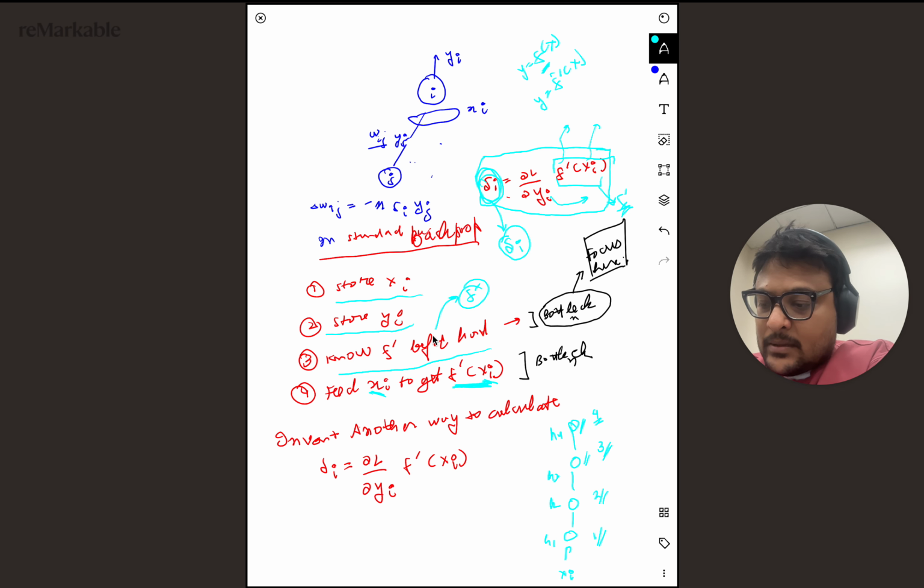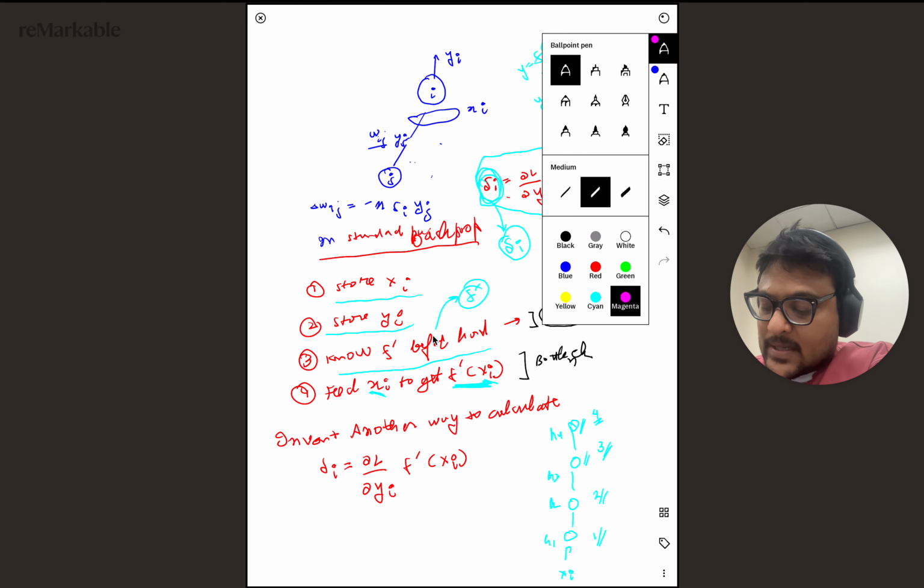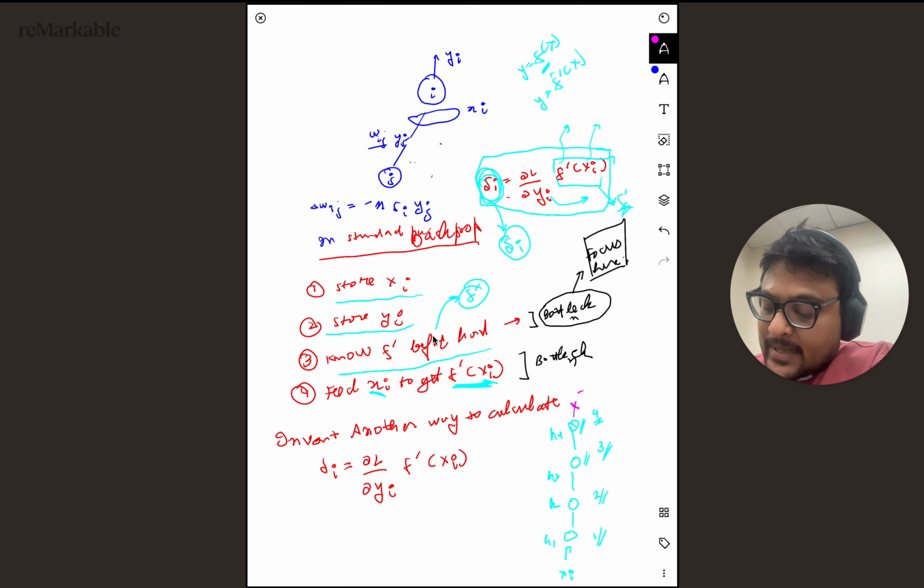The signal propagation will look like this: first you calculate the error signal del 4 here, then you calculate the error signal here, and here, and so on. And when you have to compute the weight changes of a particular weight, you will have to multiply del 4 by h4, and similarly del 3 by h3, del 2 by h2, and del 1 by h1.